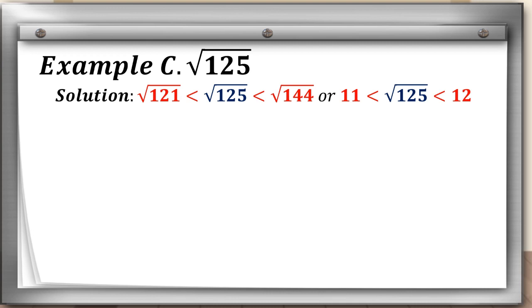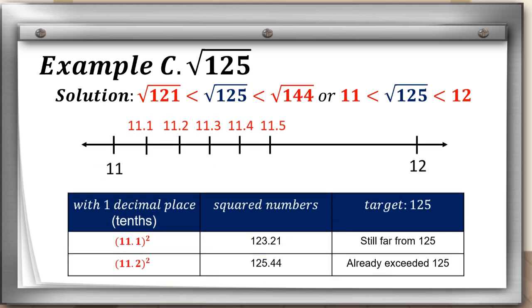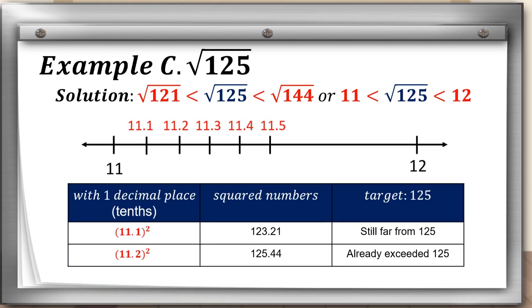Since mas malapit si 125 kay 121, gagamitin natin ngayon ang tens decimal place na mas malapit kay 11. So we will start with 11.1 squared, which is 123.21, and that is still far from 125.